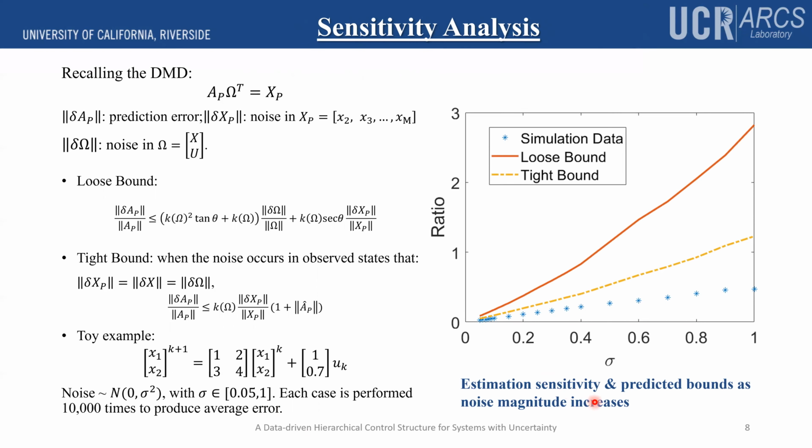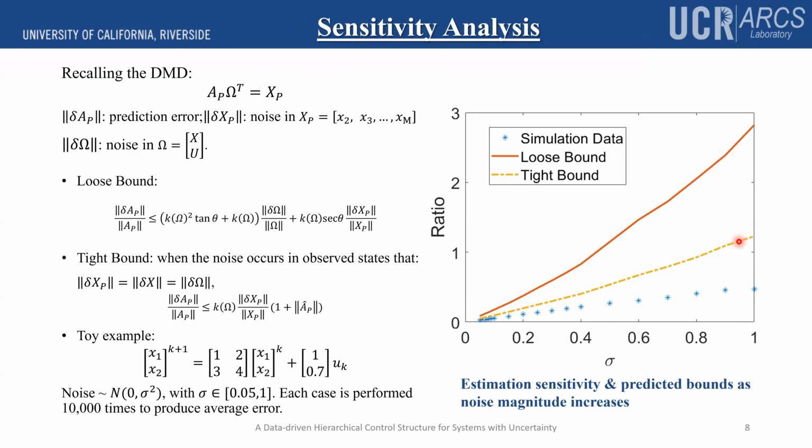From the figure we can see that when we increase the magnitude of the noise, the relative error also increases, and the loose bound expands at a higher rate than the tighter bound.